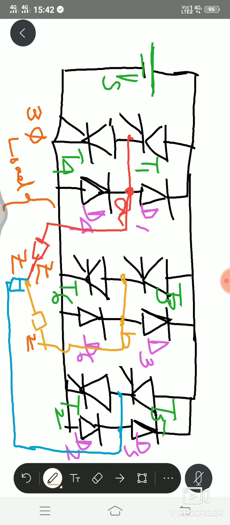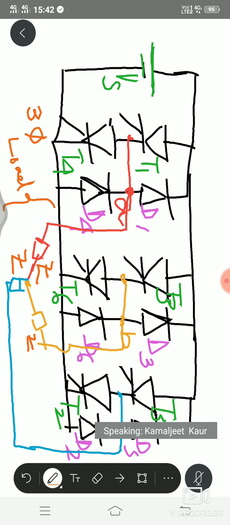Finally, we are having the red phase, yellow phase, and the blue phase, and each phase is finally connected with some impedances. Here, box means some impedance because we have got three-phase load. The boxes can be anything. It can be purely resistive load, R or L. R and L combination may also be there. Okay, so this is the circuit.